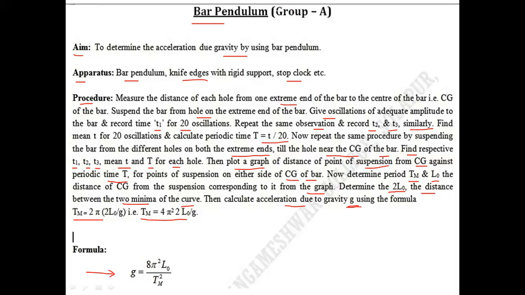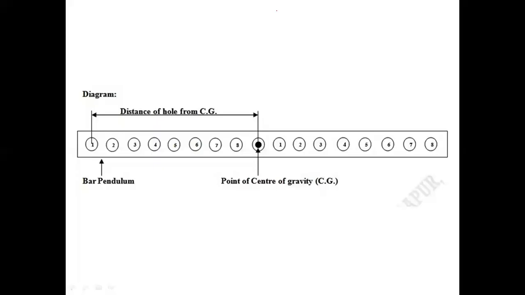So next is the diagram of the bar pendulum. From this end, that is from the LHS extreme end to the RHS extreme end, the length of the bar pendulum is 1 meter, or 100 centimeters.